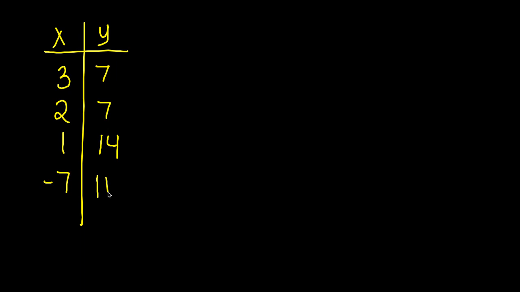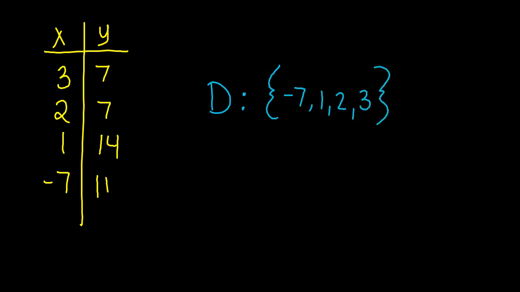When we're looking for the domain, if we think about our 2 rules, remember our rules were the numbers need to go in order, smallest to biggest, and the numbers should not be repeated. What do you think the domain is going to be here? Cool. So the domain should be -7, 1, 2, 3. These numbers are going to go in order from smallest to largest.